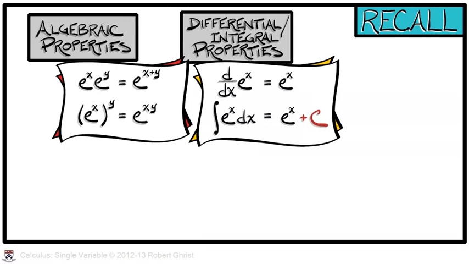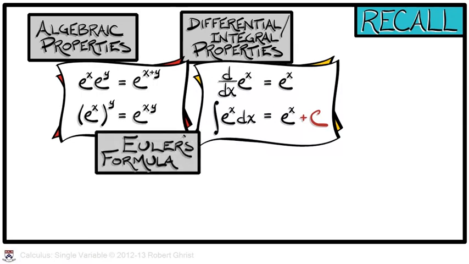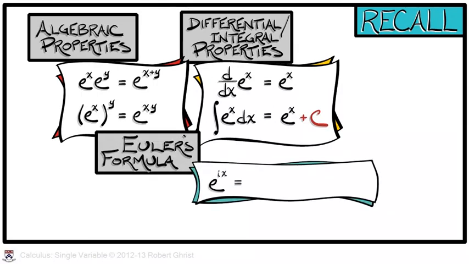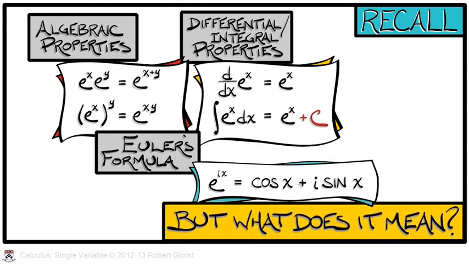There's one other fact that we need to move forward, and that is Euler's formula that tells us something about exponentiating a complex input, namely e to the ix is cosine of x plus i times sine of x. None of these properties, however, tell us what e to the x really means.